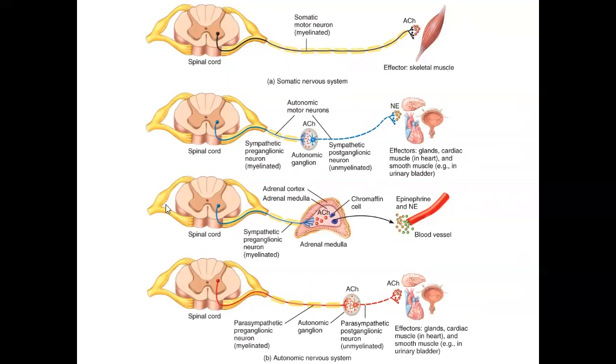The second two figures, so figure 2 and figure 3, connect those with a bracket or draw a line to them and label those as the sympathetic nervous system. The bottom picture, label that as the parasympathetic nervous system.